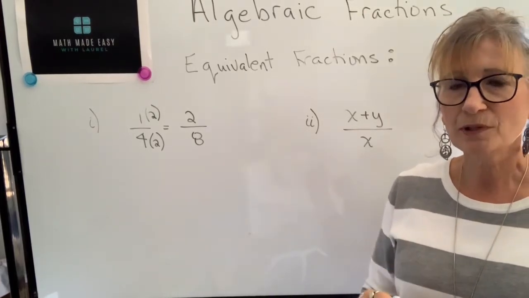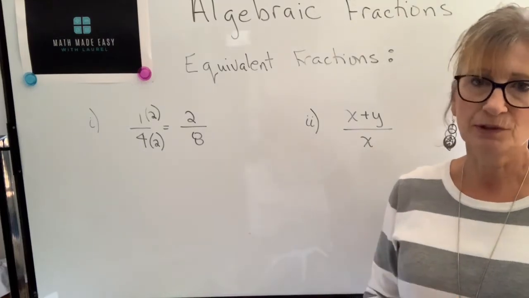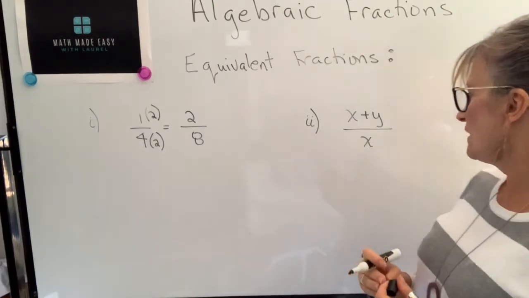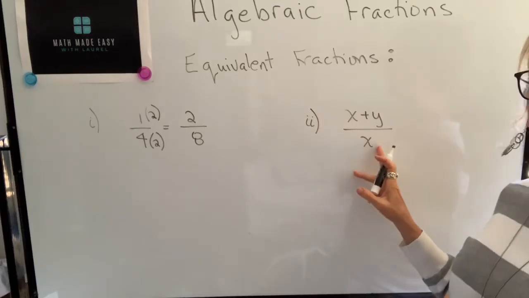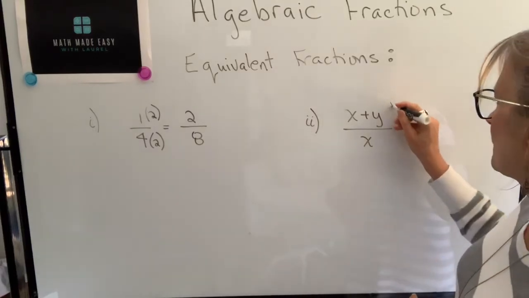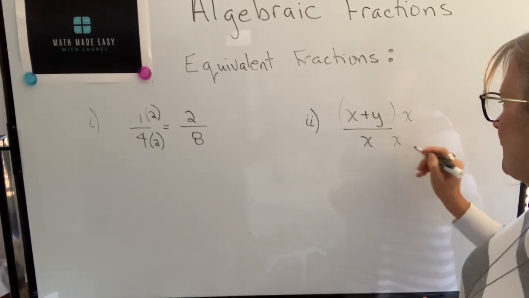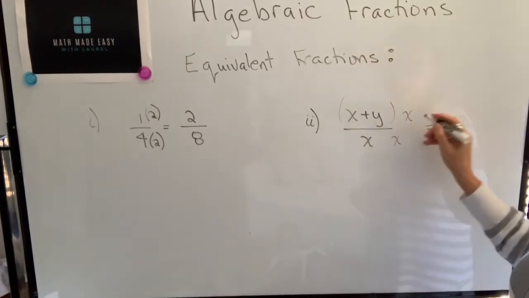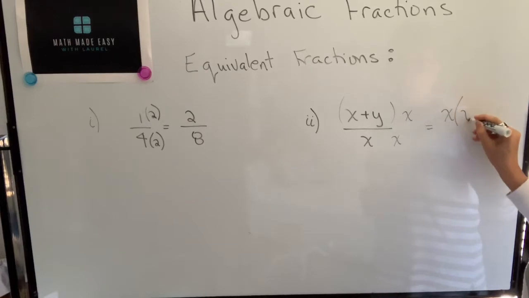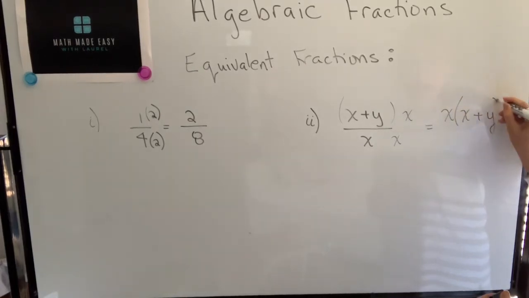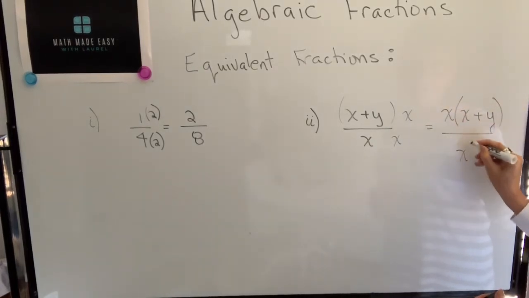So whatever you multiply the denominator by, you have to multiply the numerator by the same thing. So maybe I wanted x squared as a denominator. That means I would multiply the numerator by x and the denominator by x.